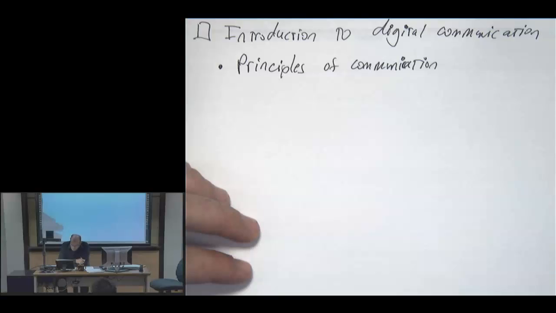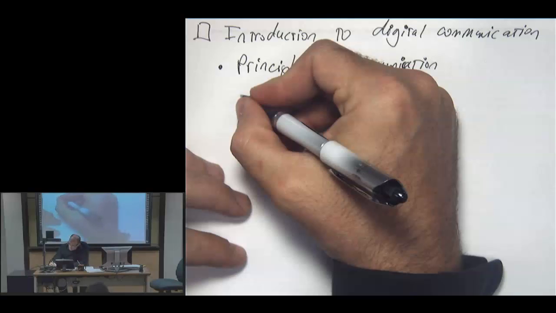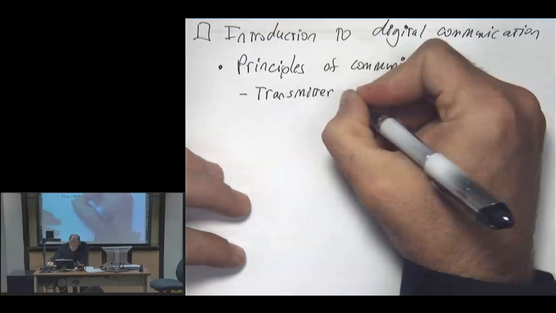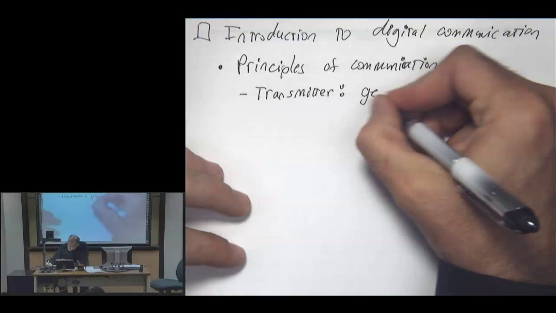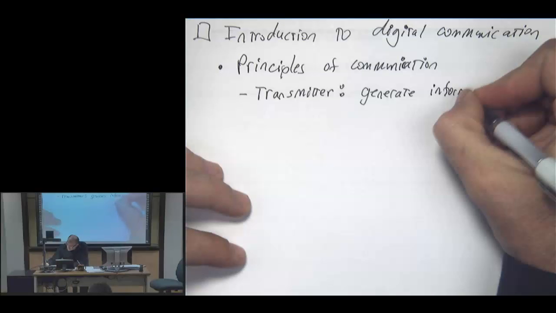So principles of communication. If you open up a standard digital communication textbook or information theory book, you'll see that there are 3 pieces in a communication system that are important. First one is the transmitter. And the transmitter is what is generating the information or source.